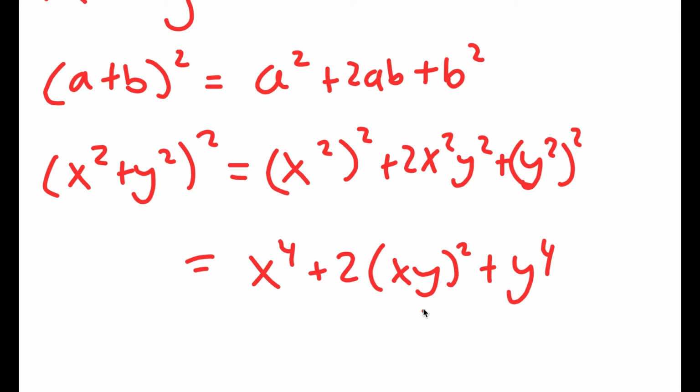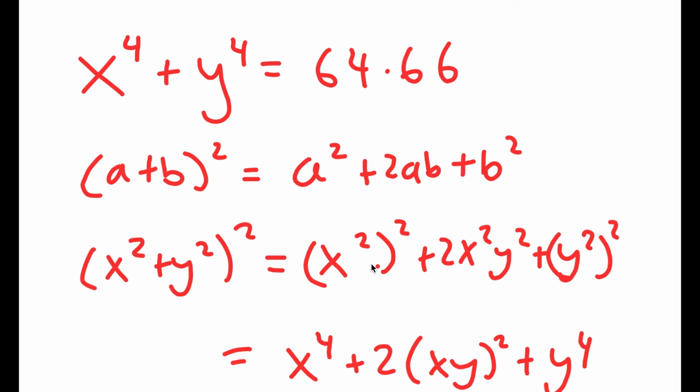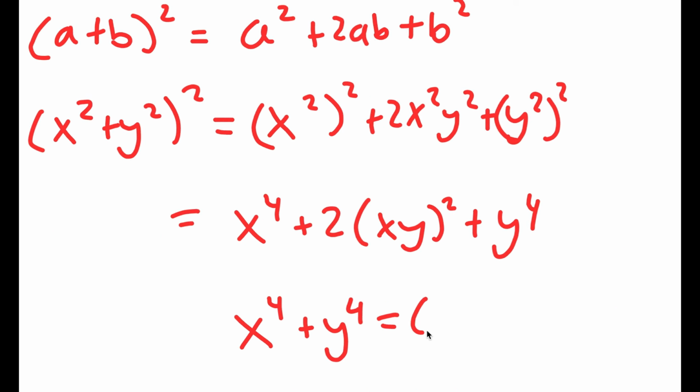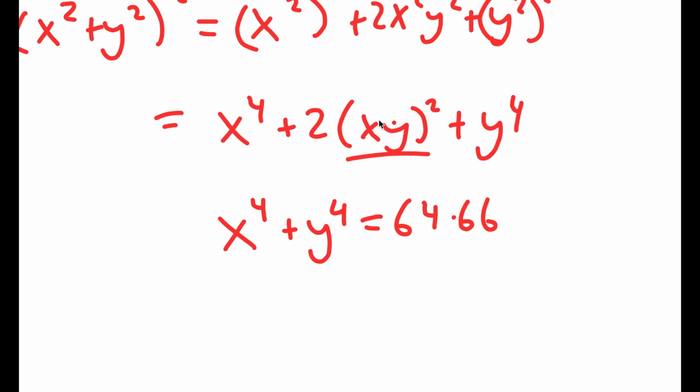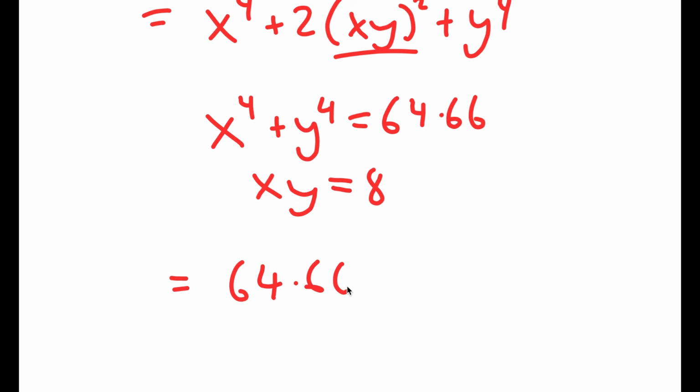But now remember how x to the power of 4 plus y to the power of 4 is equal to 64 times 66. And also recall how x times y is equal to 8. So I get 64 times 66 plus 2 times 8 squared.